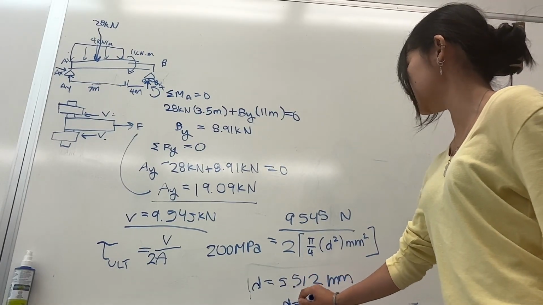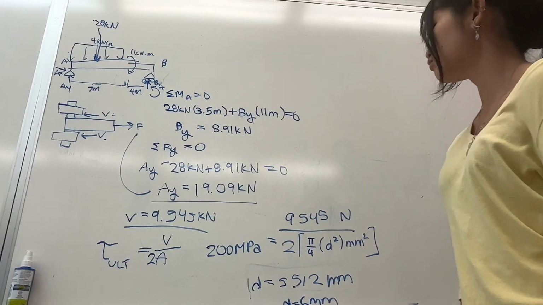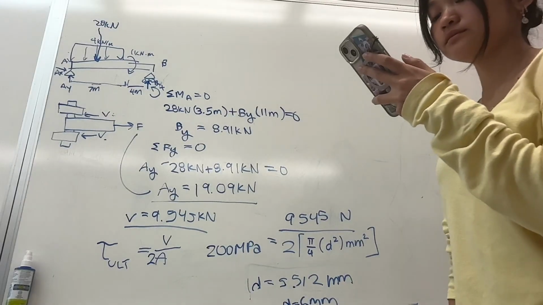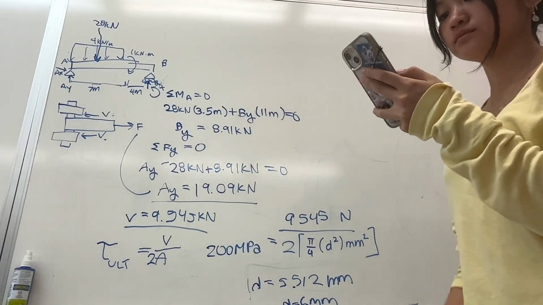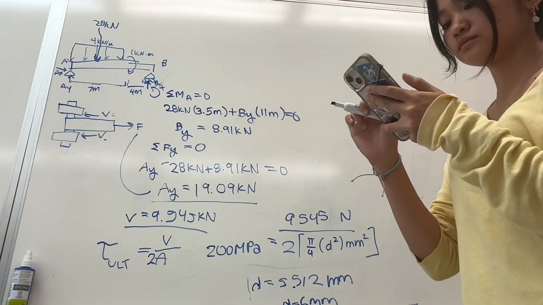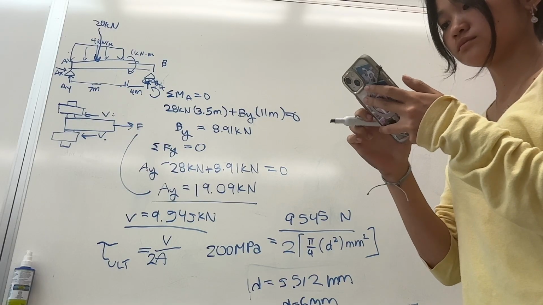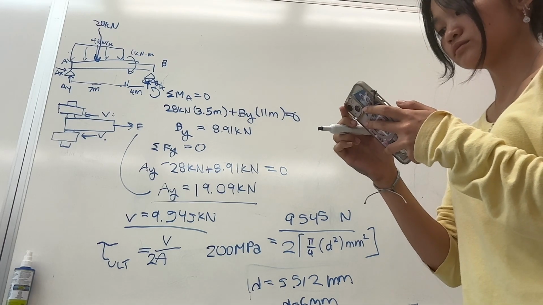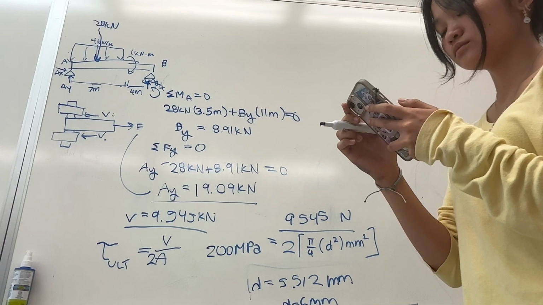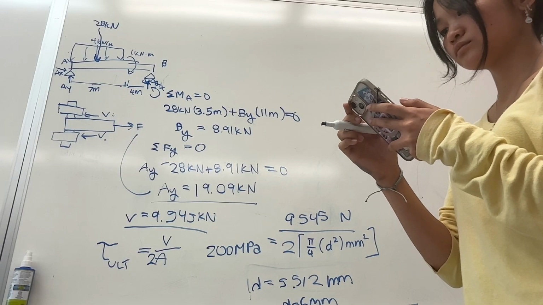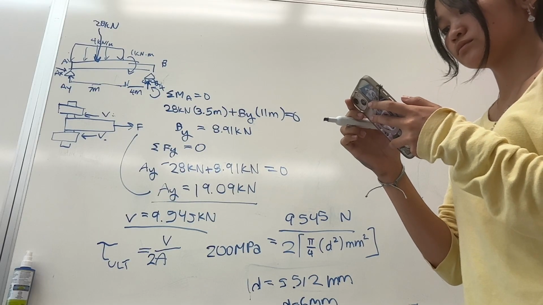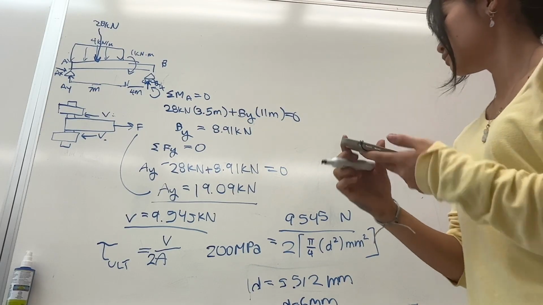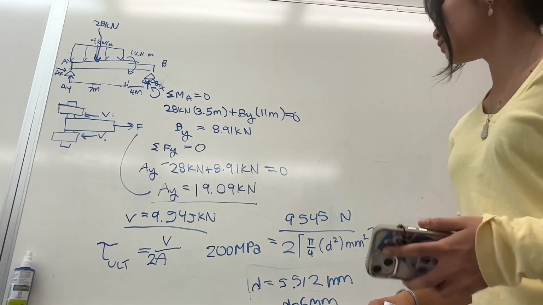So D is equal to 6 millimeters. I think that's right. Yep, okay.